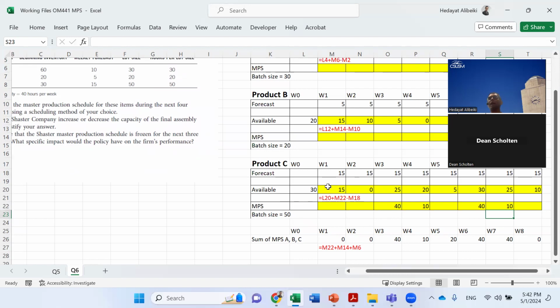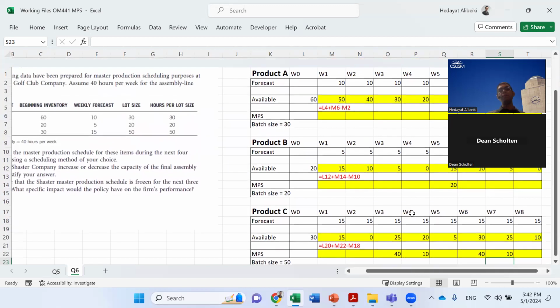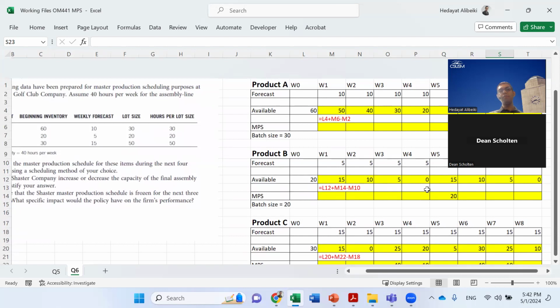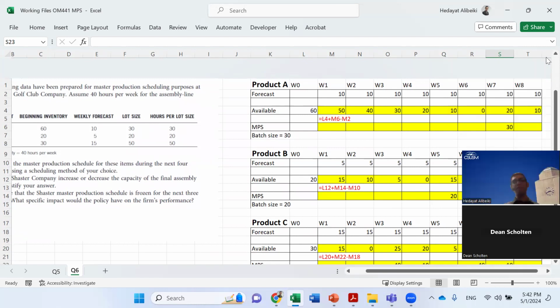Every time you place an order, it covers, as you can see, 1, 2, 3 periods, and then you need to order again. Same thing, this one is 4. So every time you place an order, you're good for 4 weeks. This one, 30 divided by 10, exactly 3 weeks. But since we have 60, for a while we're good. But at that point, after you order, every 3 weeks you have to place the order.